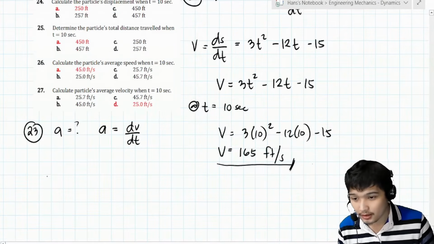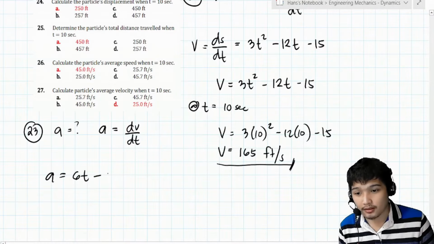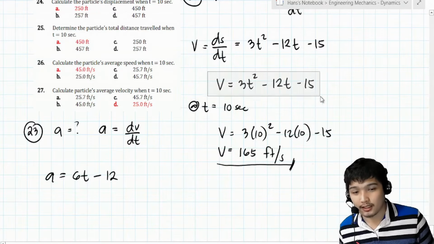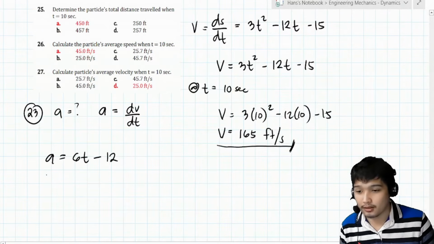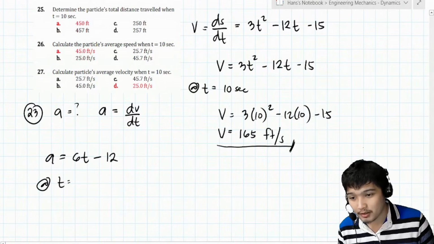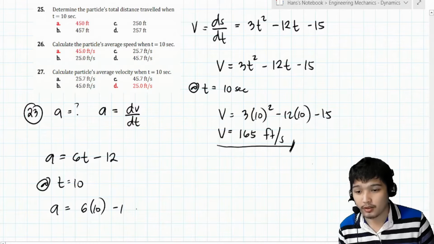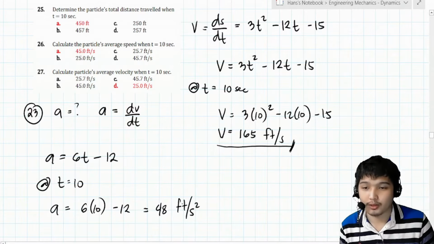Therefore, a is now equal to, I'll do it directly, guys, 6t minus 12. So we're done. Therefore, at time equal to 10, what is the acceleration? That is 6 times 10 minus 12. So I think this one is 48, and the unit must be in feet per second squared.